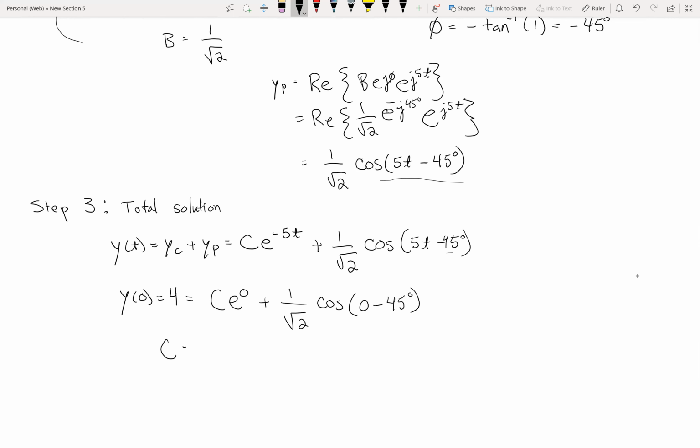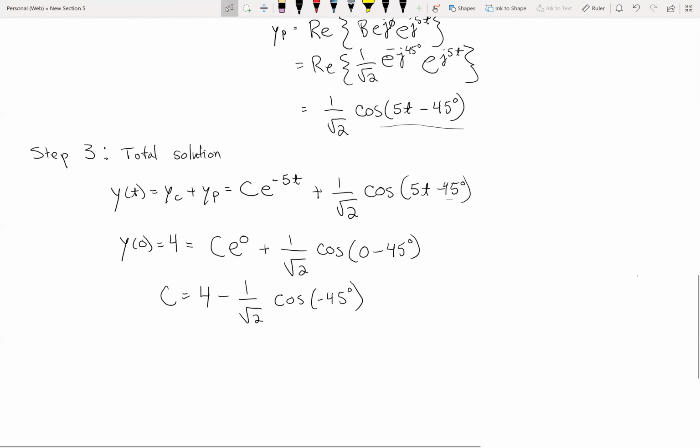So I have that c equals 4 minus 1 over square root of 2 cosine of negative 45 degrees. Now, cosine of negative 45 degrees, if you look it up, ends up being square root of 2 over 2. So I get 4 minus 1 over square root of 2 times square root of 2 over 2. They cancel, and this becomes 3.5, okay?